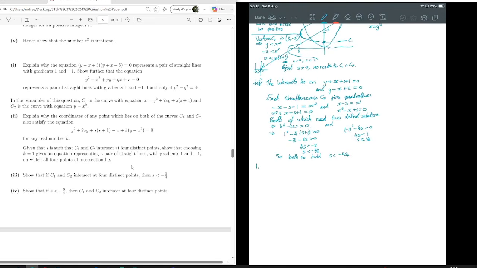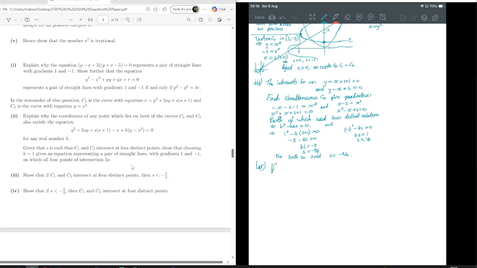Okay, so that was actually way more pleasant than I was making it out to be with the graph. But now we need the converse. So if s is less than negative 3/4, then we intersect at 4 distinct points.